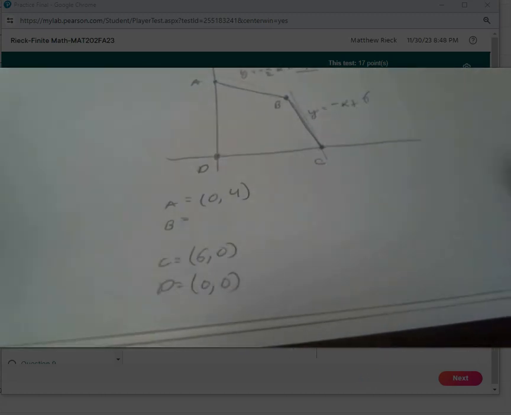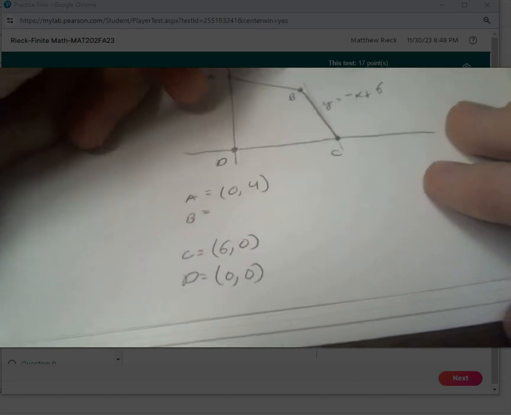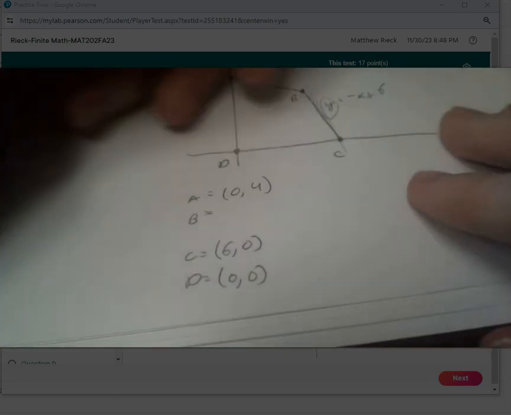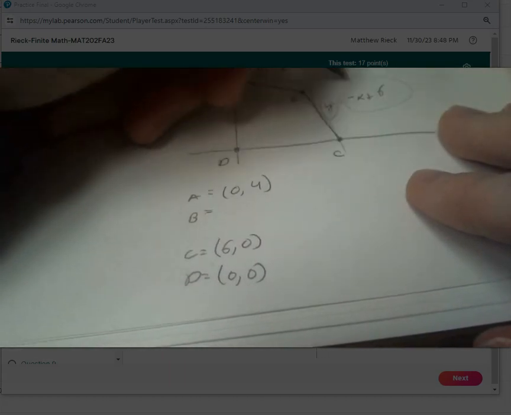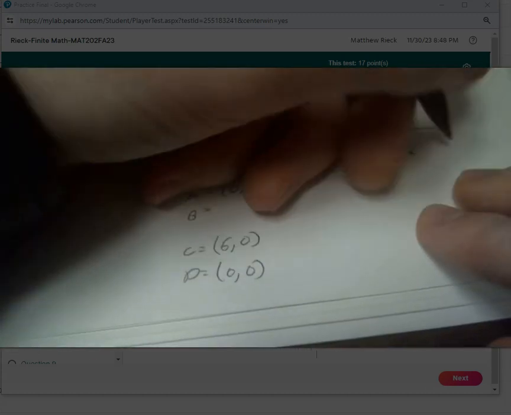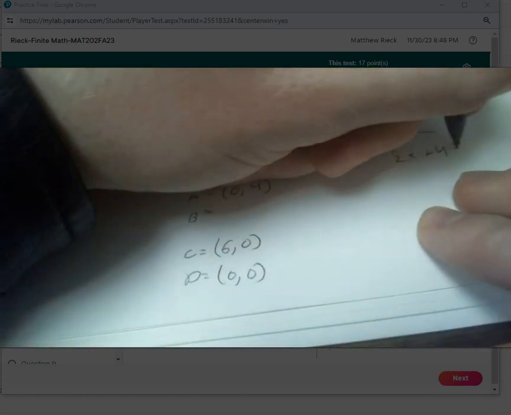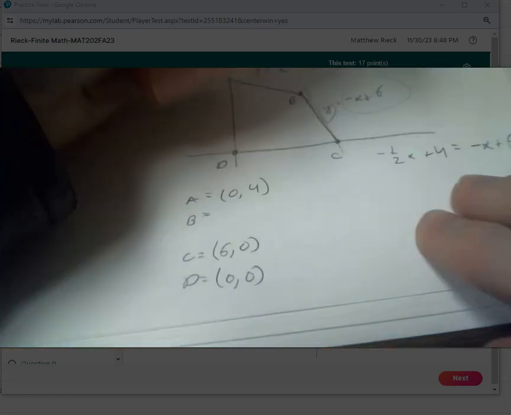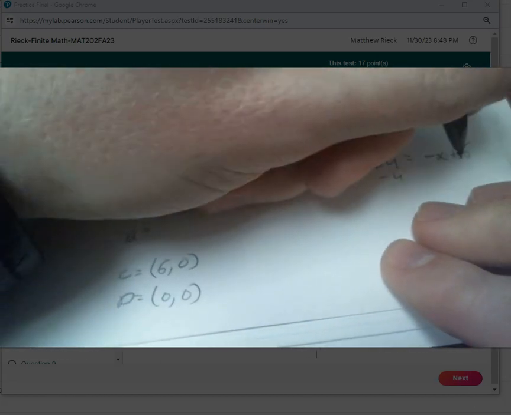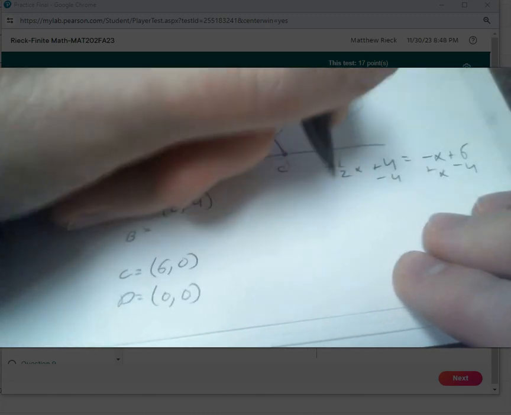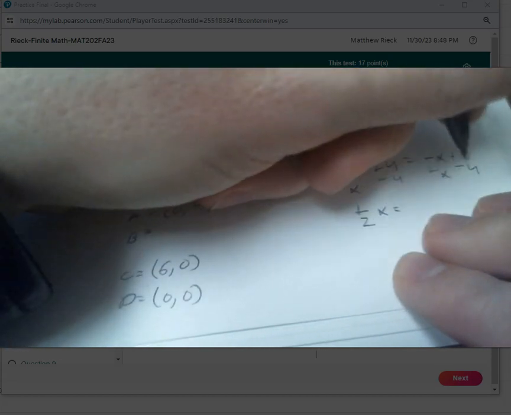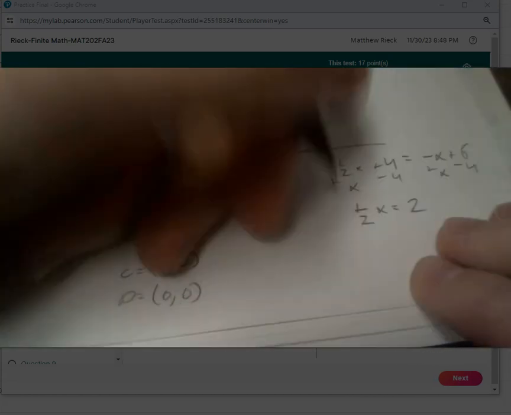All right. Now B is where these two lines intersect. Since the y values have to be the same, that means these expressions also have to be the same. So you have -1/2 x plus 4 is equal to -x plus 6. Here we can subtract the 4 from each side, add x to each side. So you have 1/2 x equals 6 minus 4, which is 2.